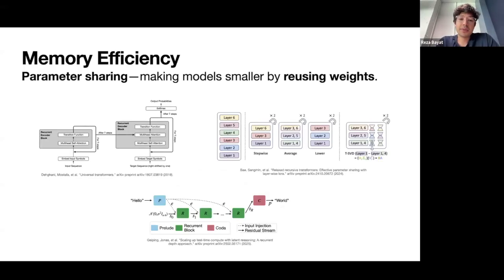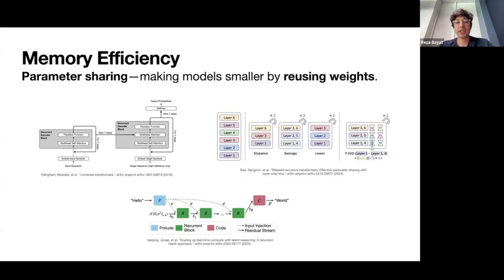Parameter sharing has been used in the literature to make models smaller by sharing some layers or parameters. For example, if you have a 9 billion parameter model, parameter sharing would let you shrink it to a 3 billion parameter model.